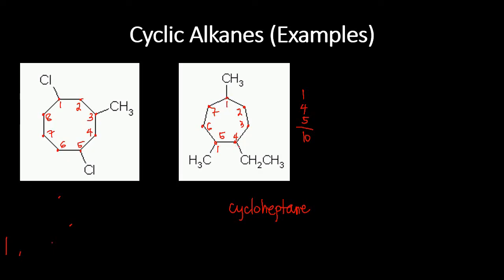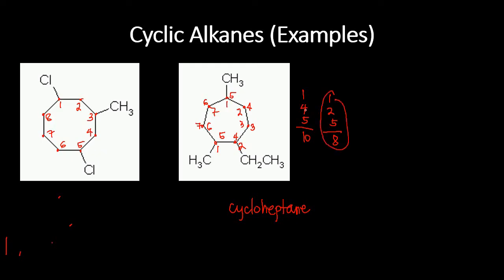So we continue from this. 1, 2, 3, 4, 5, 6, 7. Okay? Saan yung ating mga substituents? We have 1. Yan. So 1, we have 2, and then we have 5. Total of 8. So alin ang mas tama?